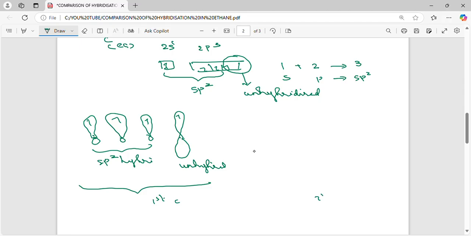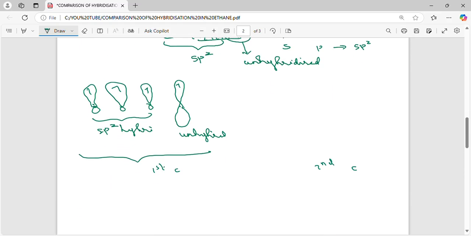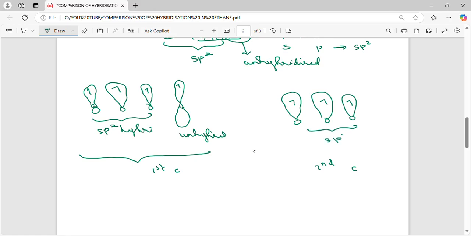Similarly, the second carbon also has the same kind of hybridization because it has the same configuration. So the second carbon's hybridized orbitals are these: 1, 2, 3, which are sp2, and the last one, which is not participating in hybridization, has the normal geometry, that is the unhybridized p orbital.